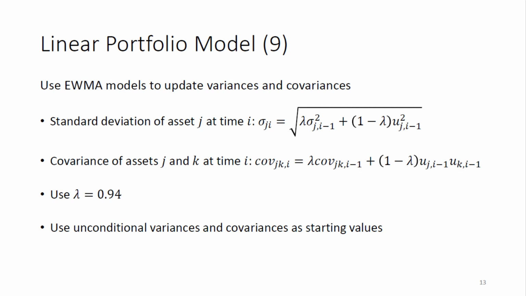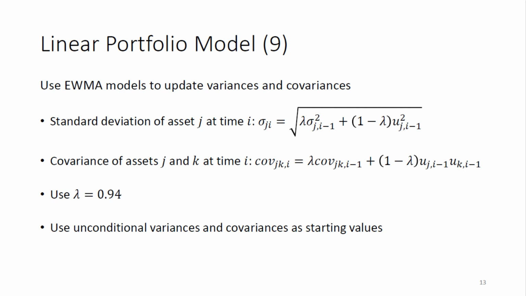So with u_j,i-1, I define the shock that occurred, a deviation from the expected return, and I square that, and I give a weight of 1 minus lambda to that shock, and a weight of lambda to the previous variance. That gives me a new variance for time i, and if I take the square root, it gives me the standard deviation.